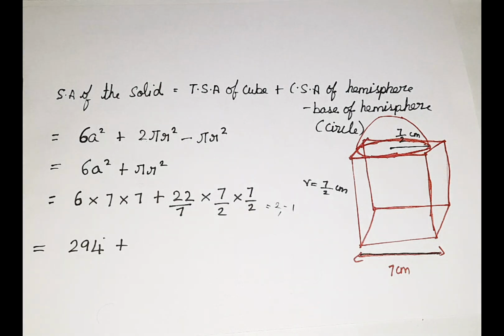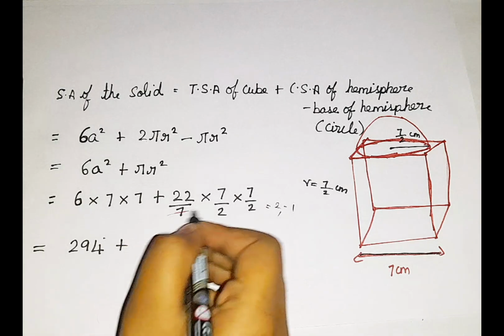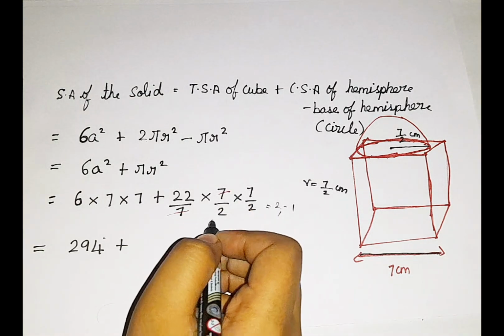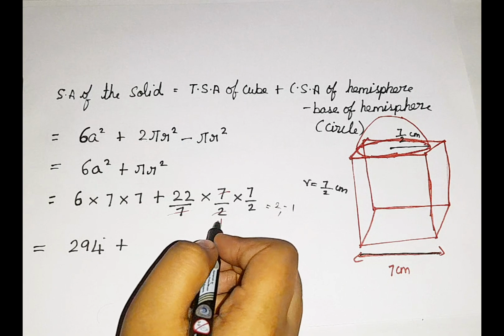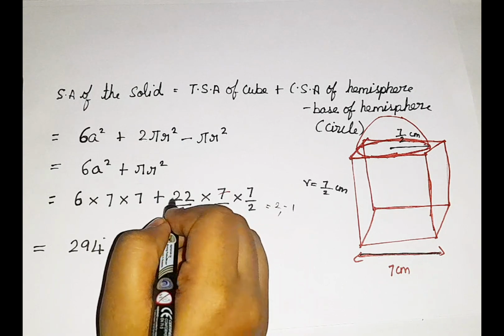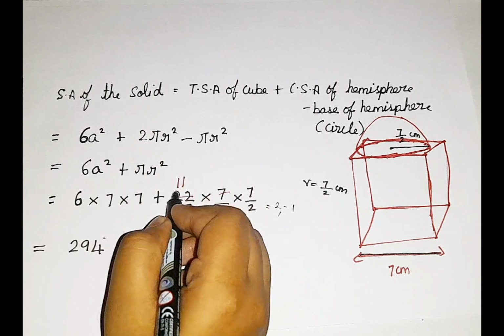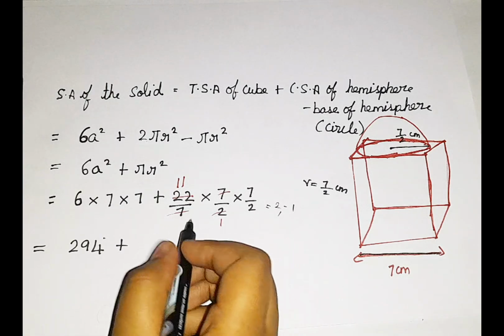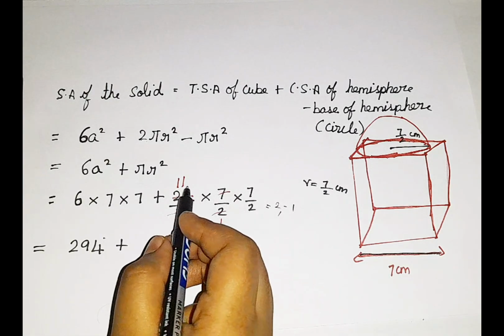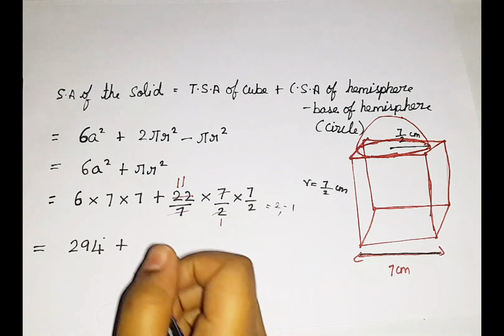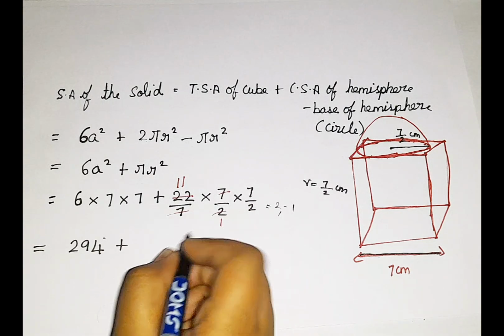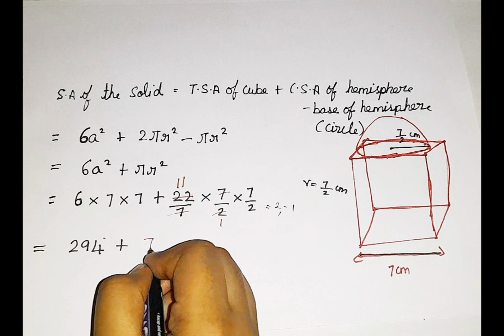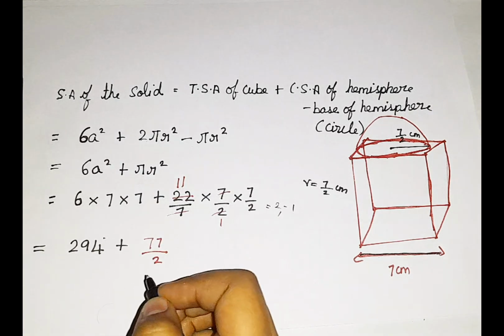Since we have 7 and 7, we can cancel it, and then I can cancel this 2 and this 22. Why? Because 1 2 is 2, 1 2 is 2, and 1 2 is 2. So now the things we have are 11, 7, 2. So 11 into 7 is 77 by 2.